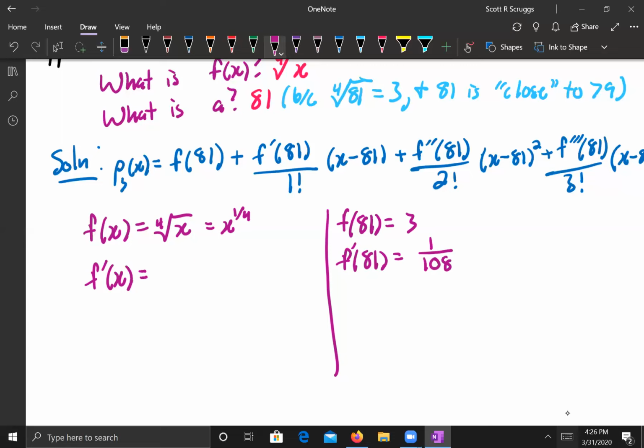To make it clear how I got 1 over 108, if I took the first derivative, I'll get 1/4 x to the negative 3/4.